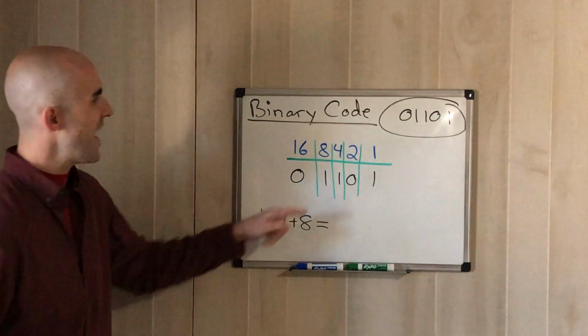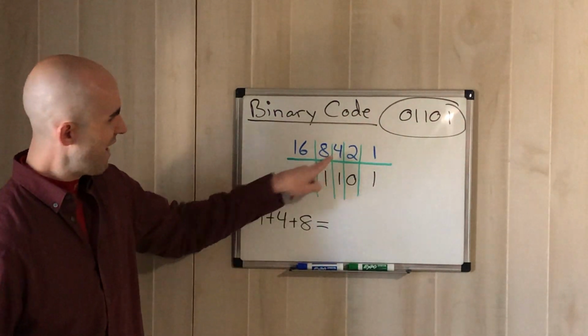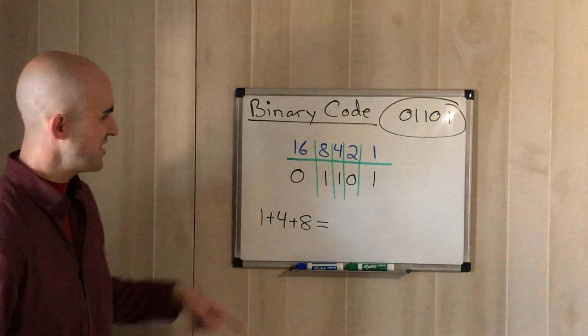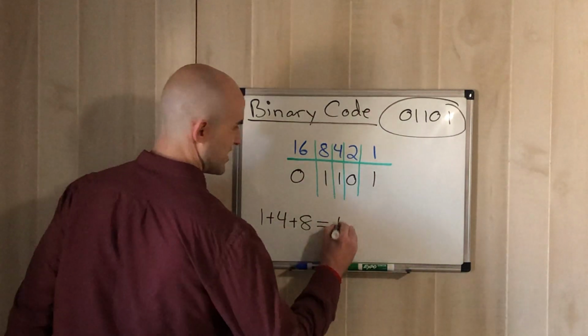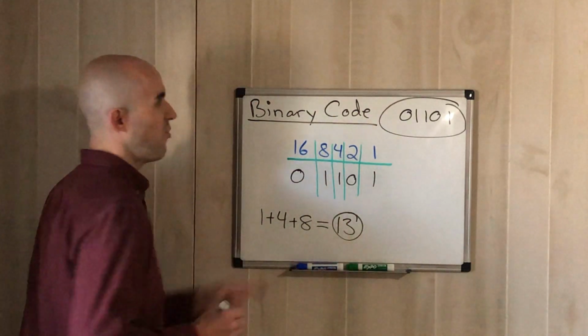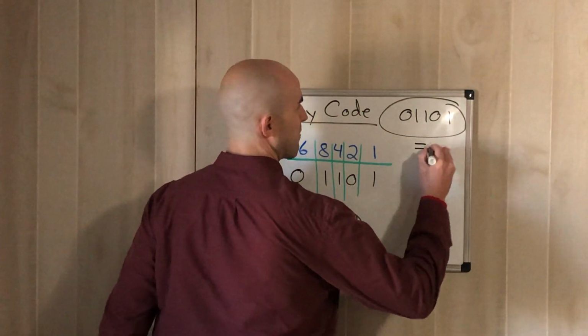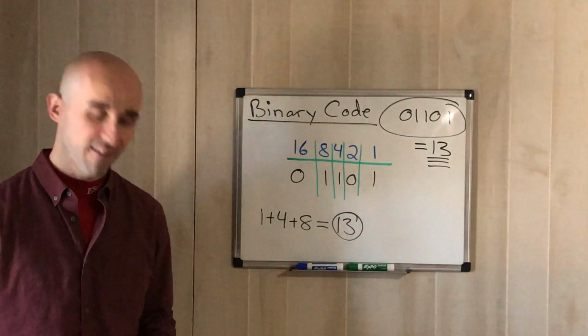So the only numbers we had was the 1 value, the 4 value, and the 8 value, right? We didn't have a 2, we didn't have a 16. So 1 plus 4 is 5, 5 plus 8 is 13. So whenever you see that, 0, 1, 1, 0, 1, all that represents, it's just the number 13, guys. That's how binary code works, right?